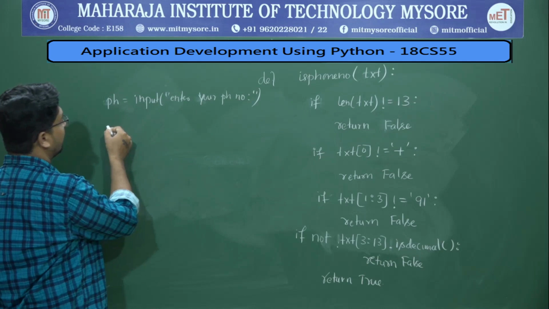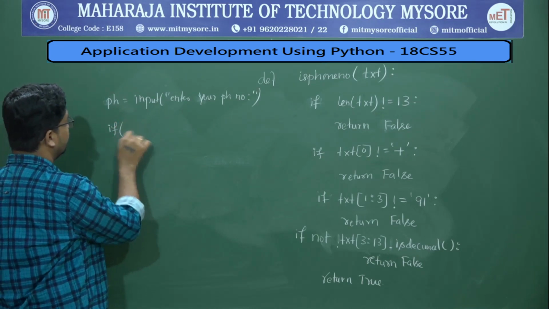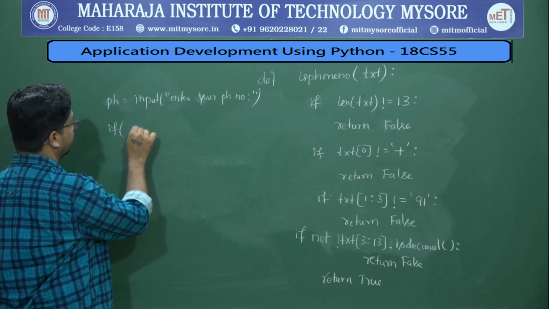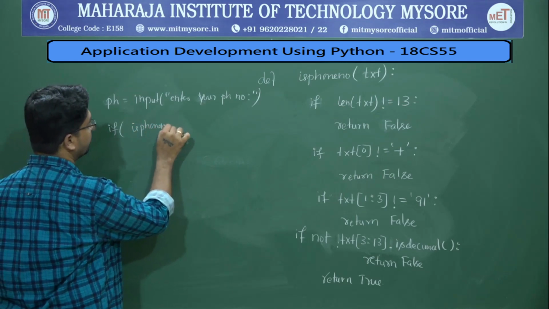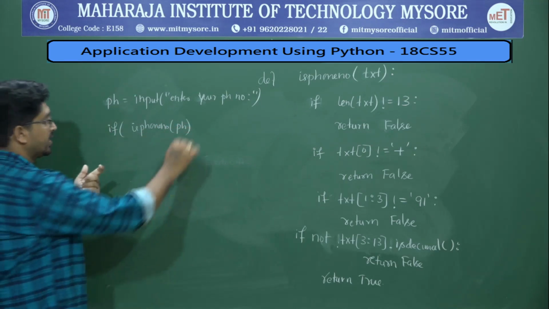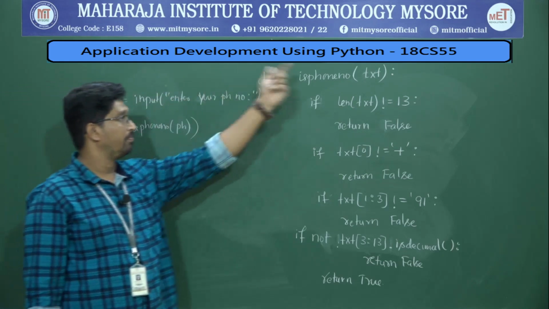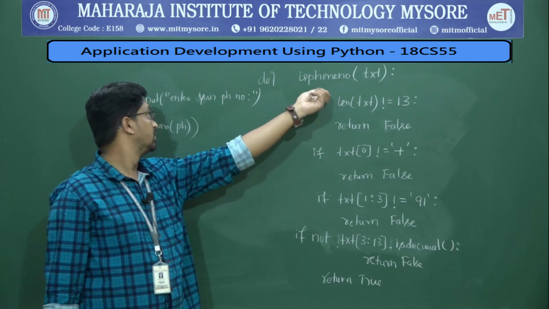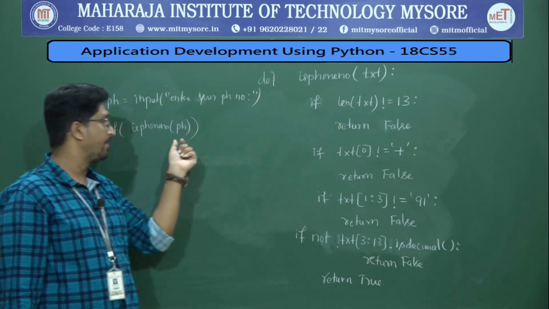Then I will call if of is phone number of ph. So inside the if statement only I am calling that function. Is phone number of what? Is phone number of text, phone number I am passing.